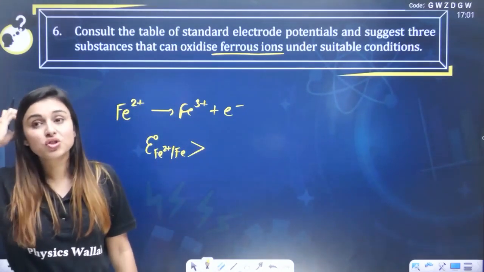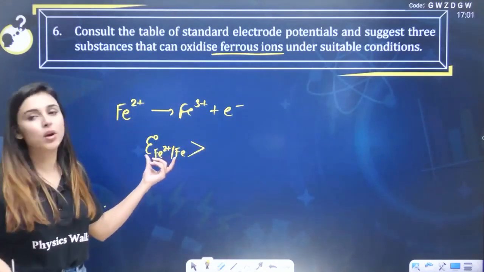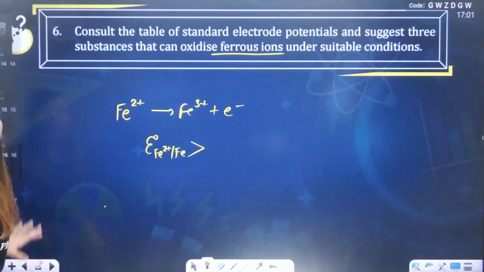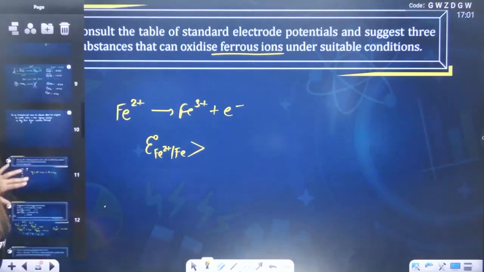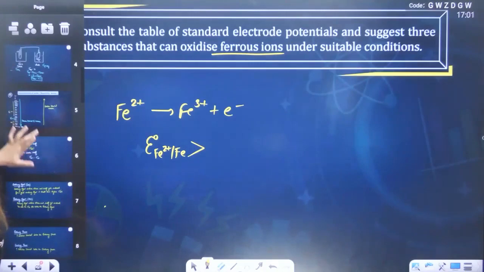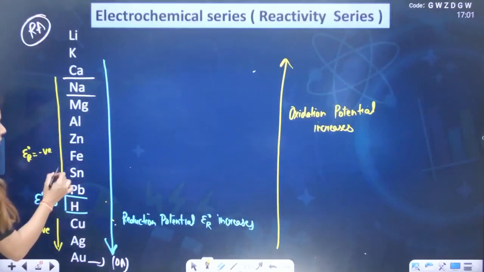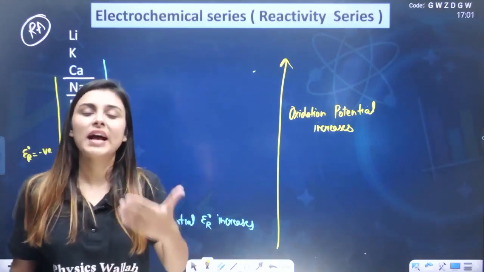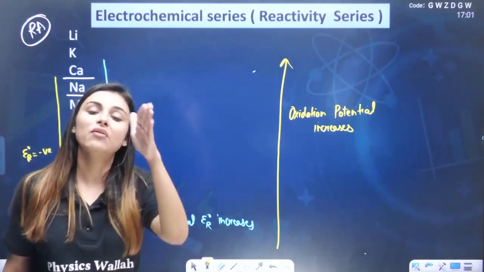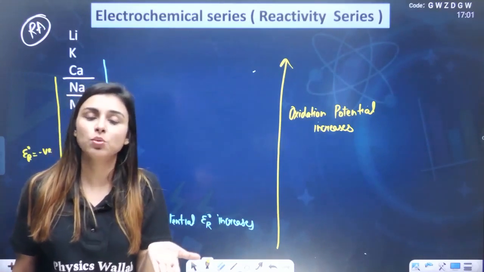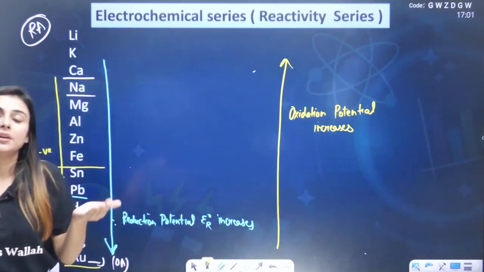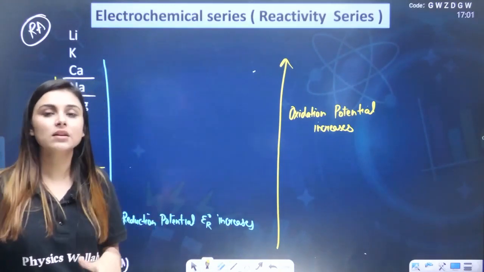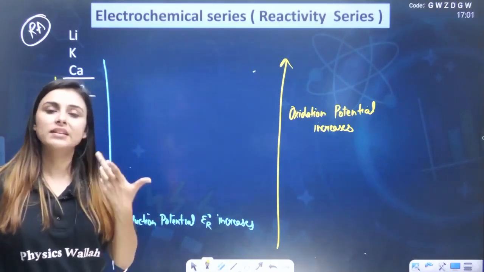So you just need the elements which have a lower oxidation potential than this, which have a higher reduction potential. So in the electrochemical series, my dear students, all the elements which are below iron, from here to here, will have lower oxidation potential as compared to iron, and since they have lower oxidation potential as compared to iron, iron will get oxidized and the other metal will get reduced, and this is what you want.